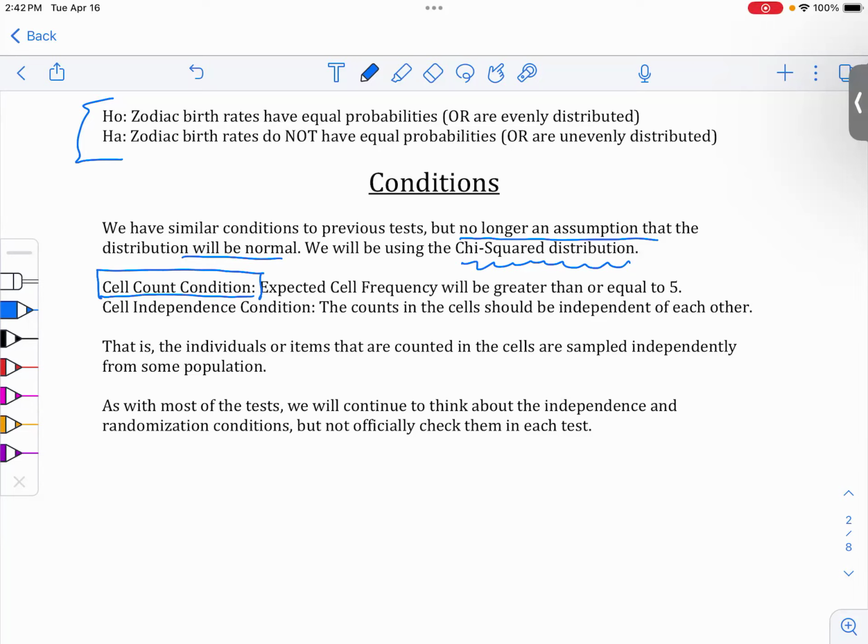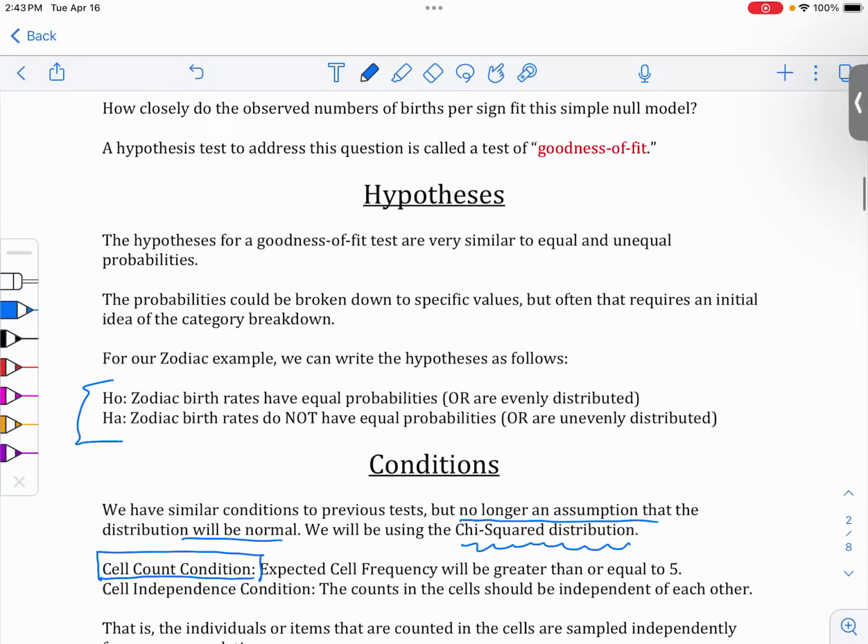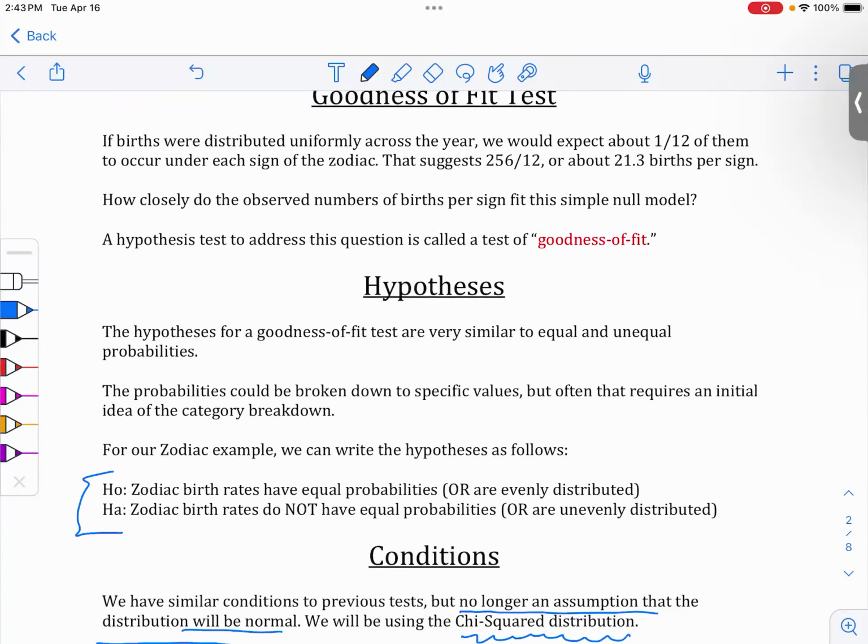And in order to check that, we actually need to use StatCrunch because the expected cell counts is actually what StatCrunch gives us. I can identify this approximately, and I'll show how to get this in StatCrunch because the more complicated it gets, you want to have StatCrunch do the calculation for you.